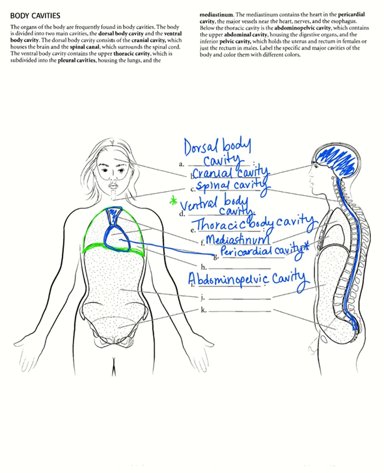So this is going to be the cavity surrounding your heart. And off to the sides, we then have what we refer to as our pleural cavities, which house the lungs. That's it for thoracic, so everything above the diaphragm.